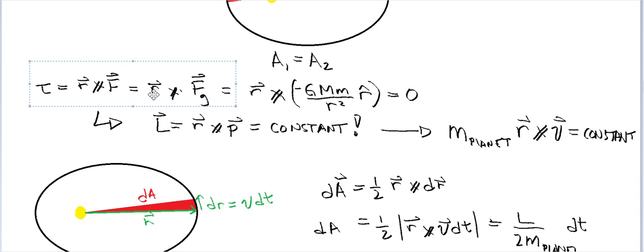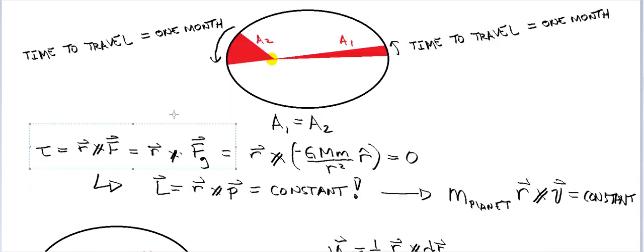Torque is equal to R cross F. And so in this case, torque, the force that causes the planet to orbit, is gravity. So that would be R cross F sub g. But remember, the gravitational force is itself directed along this radial axis.